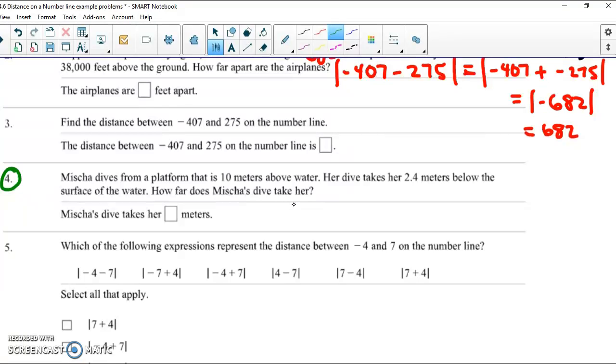So if I want to think of a picture to help me, she starts up here, and this is 10 meters high. This is the water level, so this is 0. And then her dive takes her 2 4/10 meters below. So she is traveling all of 10 and all of 2 4/10.